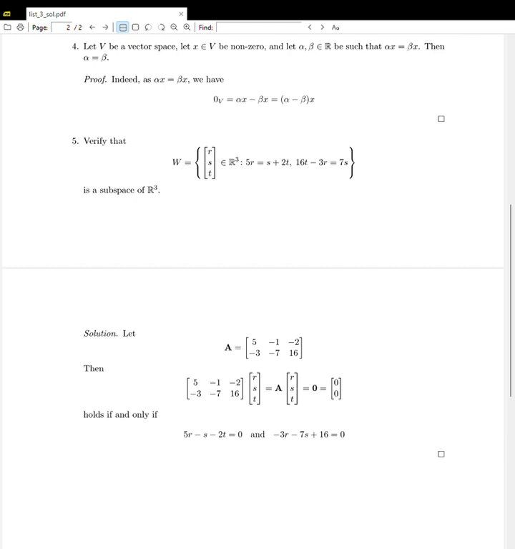Which is equivalent to what? If we rearrange the ingredients in my equation, the first equation becomes 5r is equal to s plus 2t, and my second equation becomes 16t minus 3r is equal to 7s.